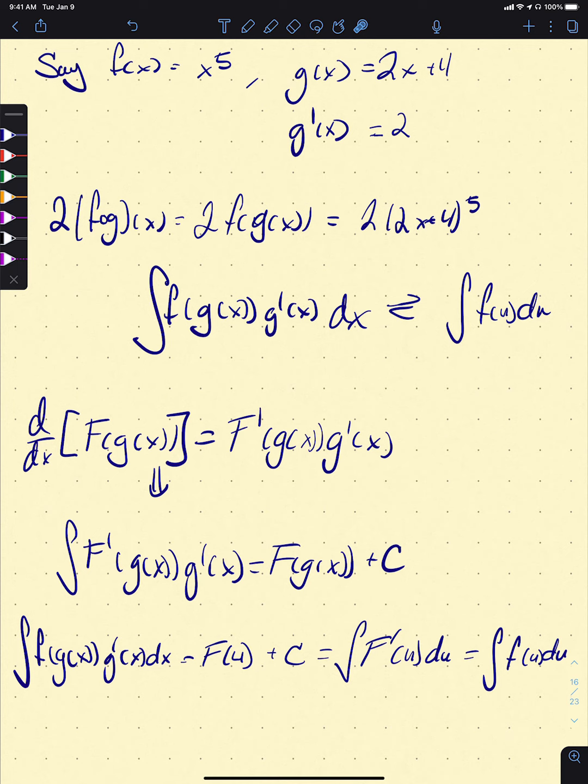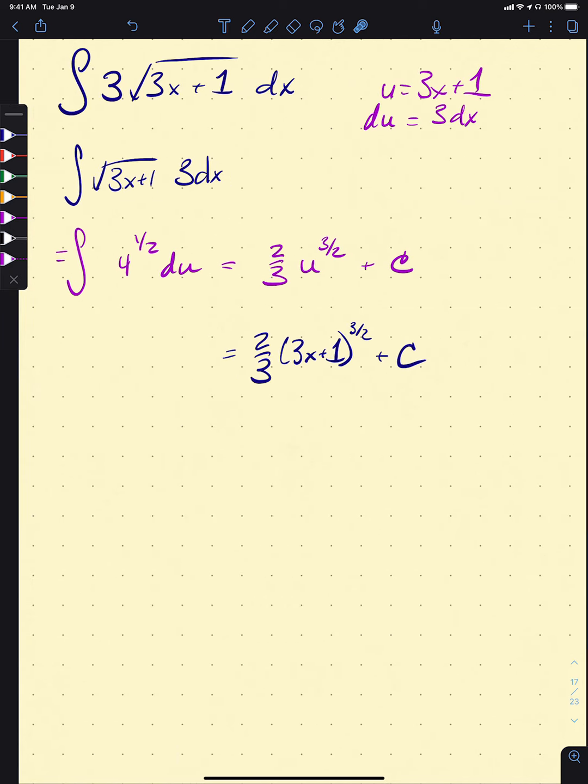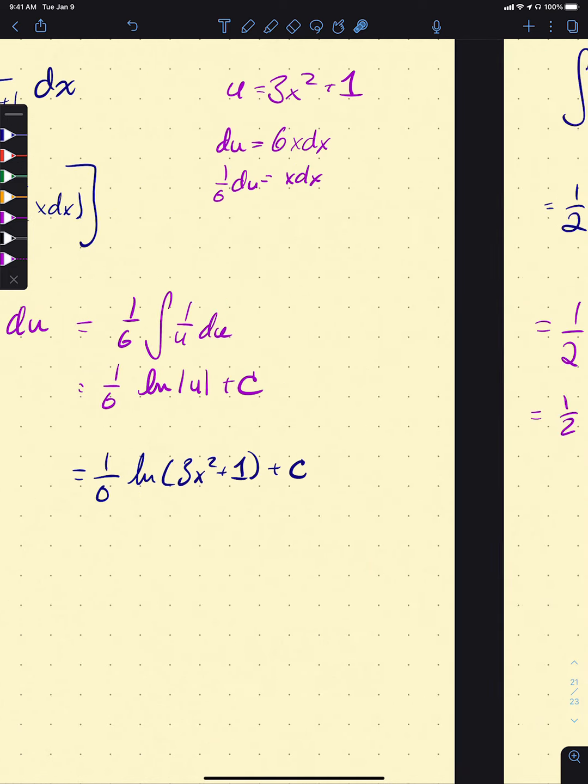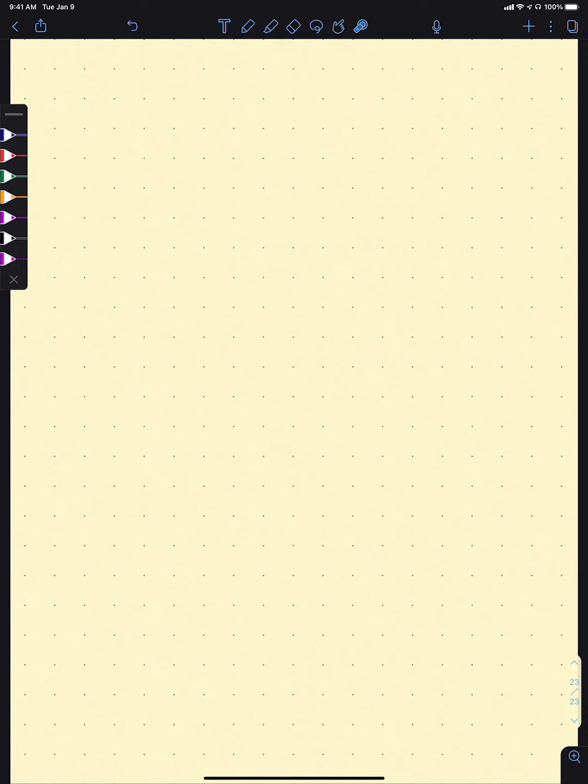If you get something that's like, f of u is 3u squared plus x, that doesn't work, right? Your function has to be totally in terms of u. And so this differential here, this has to cancel with whatever you have elsewhere in your integrand.